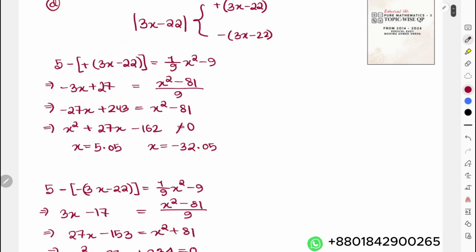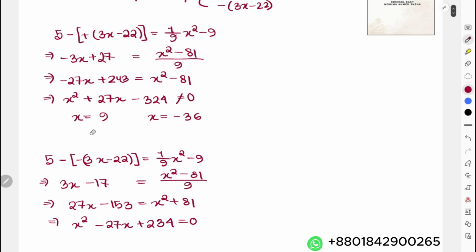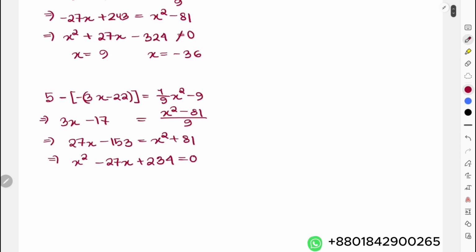If this is minus 81, so you get minus 81 minus 243. This one actually becomes negative 324. And then you get 1, minus 27, 324, for which you are supposed to get one as 9 and the other as minus 36. This is actually one of the values we already accepted, right? And then again after this, if you move on to this equation, this was minus 81.